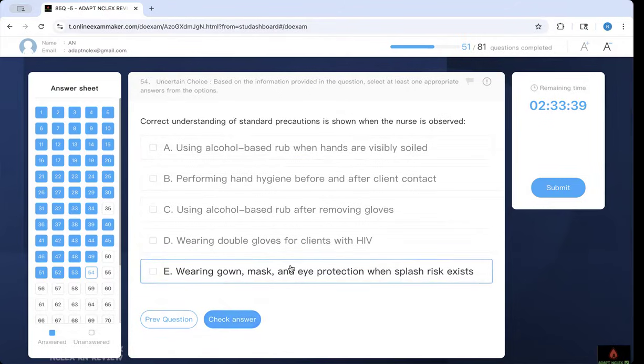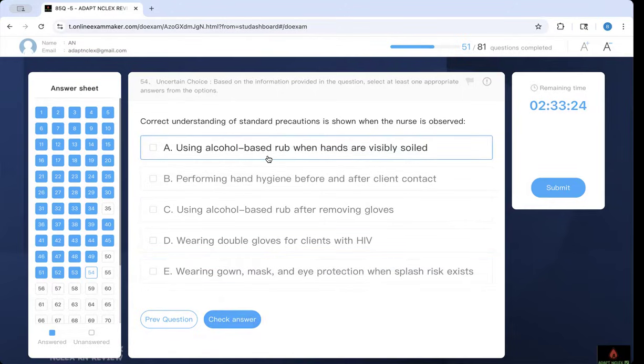That's what you do. Which shows the correct understanding of standard precaution when the nurse is observed? What do you think? Standard precaution. Which one means standard? We all do standard precaution. Using alcohol-based rub when hands are visibly soiled. Do you use alcohol when your hands are visibly soiled?